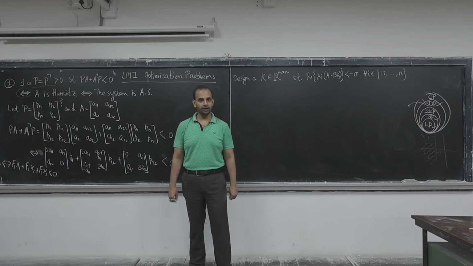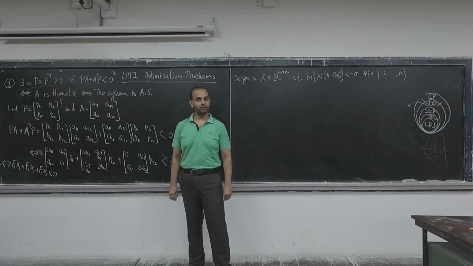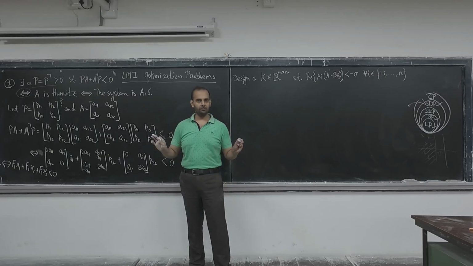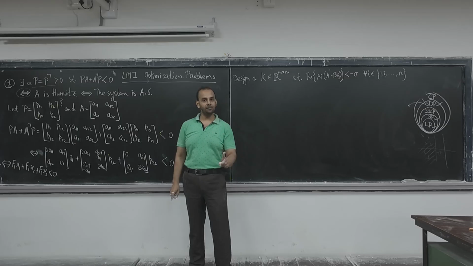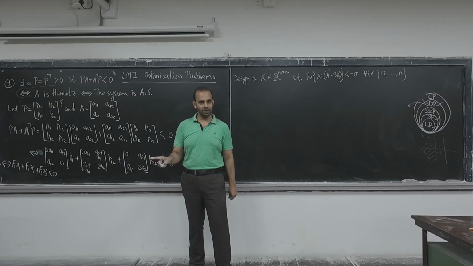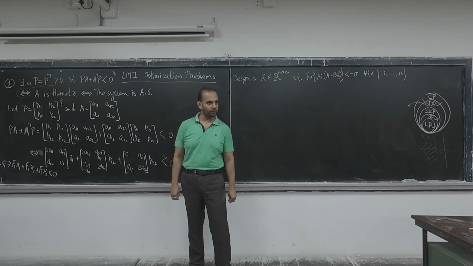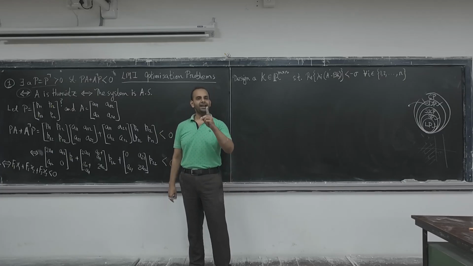The Lyapunov inequality, because this is already the Lyapunov stability theorem. This is for the open loop system, with no question of feedback. Now we are going to do the same thing for the closed loop system. For the open loop, if the system is originally Hurwitz, then we can expect a positive definite P matrix such that PA plus A transpose P is negative definite.